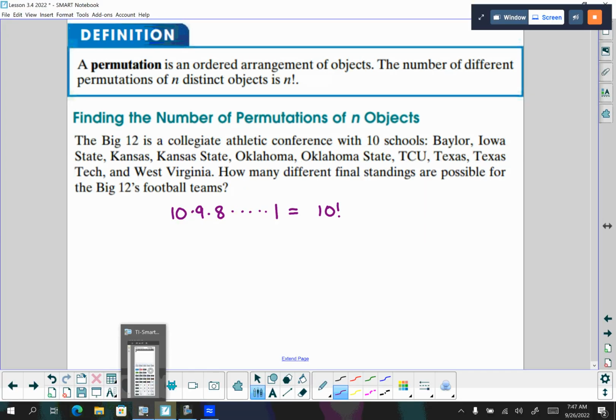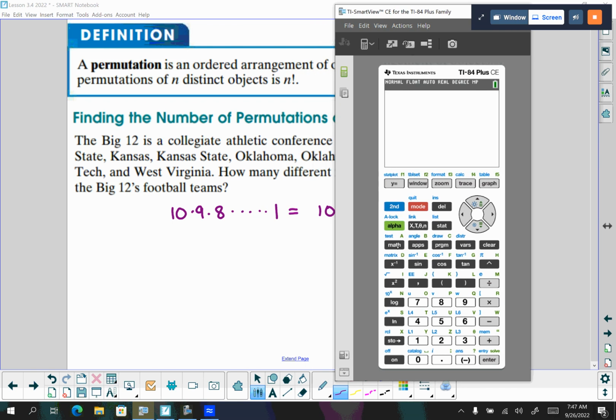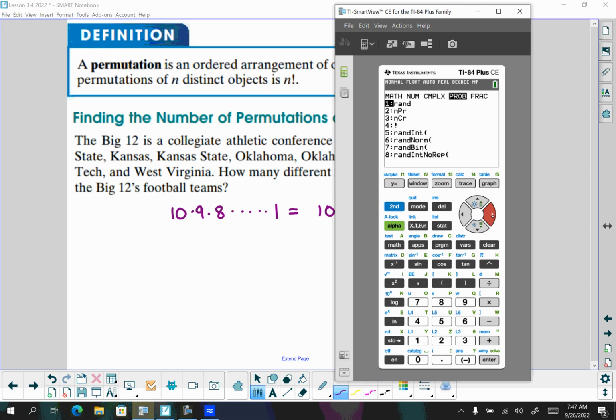The factorial symbol in your graphing calculator is under math. On my home screen, let me put a 10 in there first, because I'm going to need that. If you go into math and then over to PROB, the probability menu, it's the 4th option down.